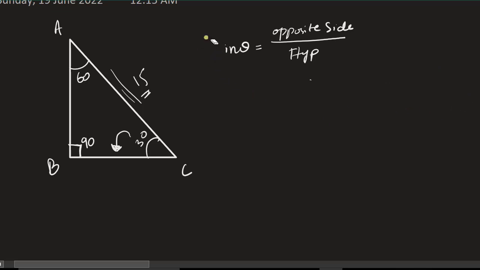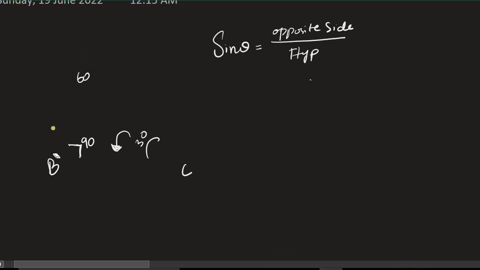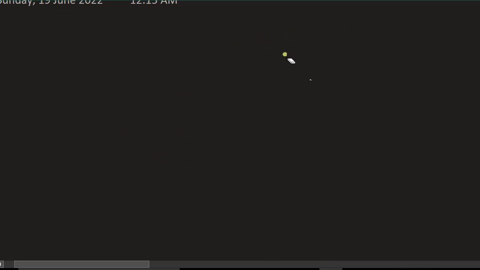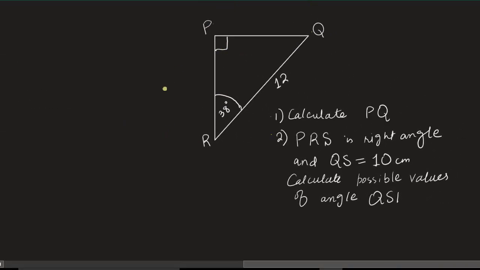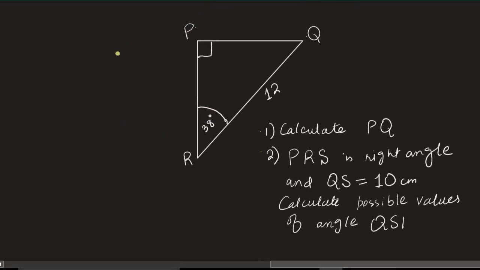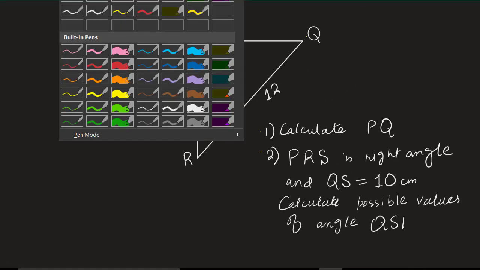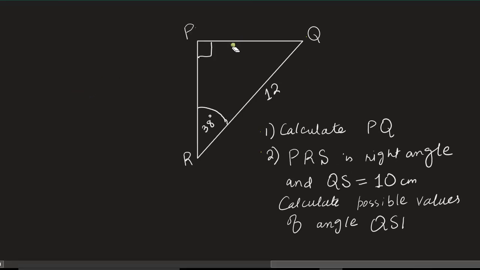So for the first part, this was just the basics. Let's solve the first part now. Let's remove all these. It's simply asking what is PQ, the length of PQ.